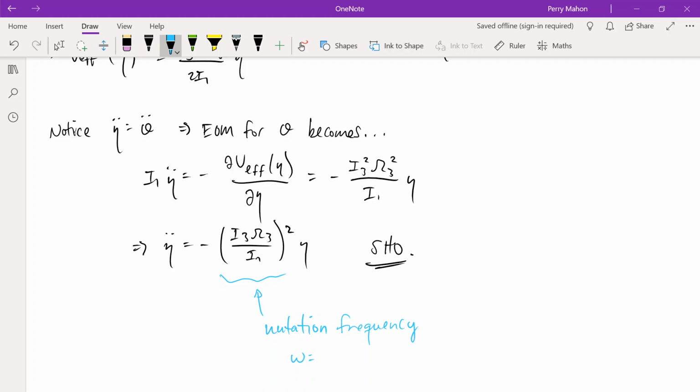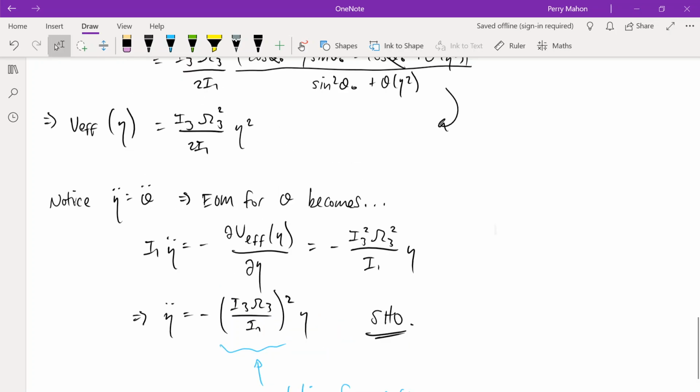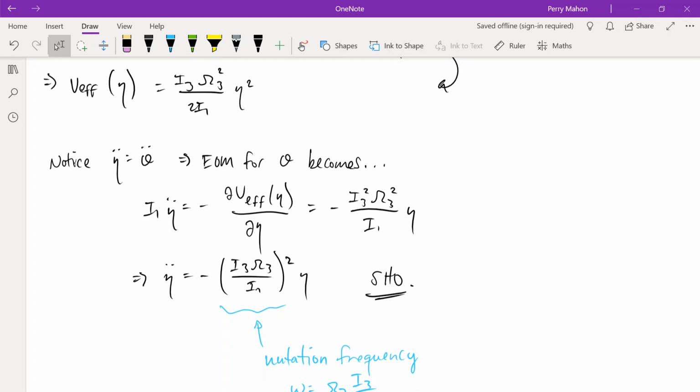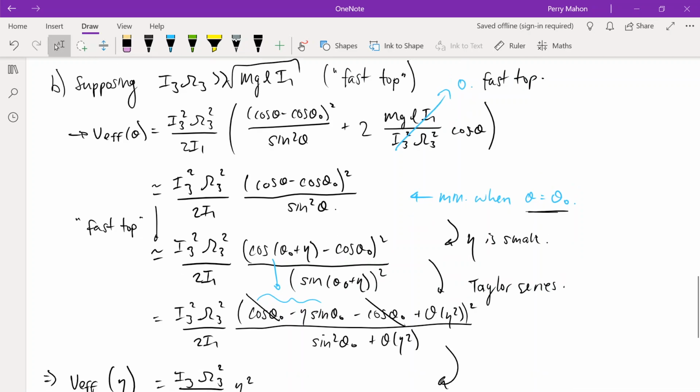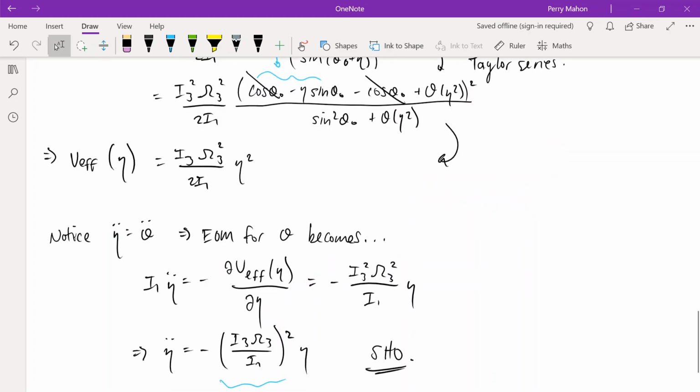So just like omega is omega 3. Okay, so under this fast top approximation, what we see is that the dynamics of the Euler angle theta is really just like a simple harmonic oscillator. So it's oscillating back and forth with this nutation frequency that we've identified here. So that's really how the fast top approximation boils down.